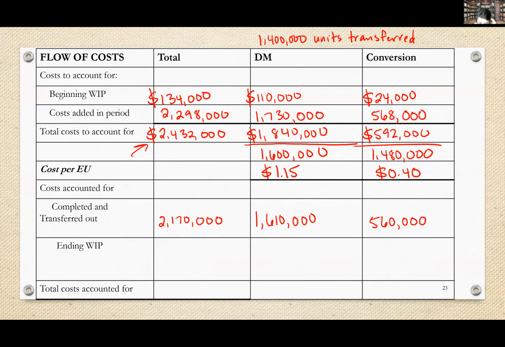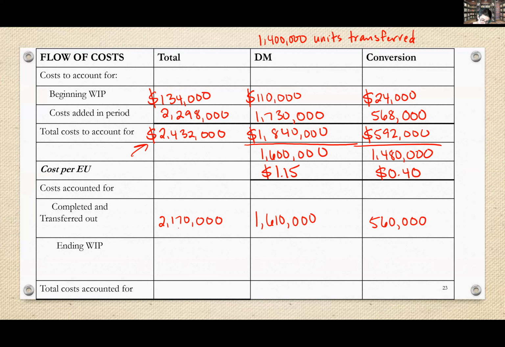Of that amount, we know that 2,170,000 was transferred out of our department and into the next one. Okay, so now let's take a look at our ending work in process. We have 200,000 pounds of butter that is currently churning. So how much of that 2,432,000 is associated with the 200,000 pounds that we still have left?